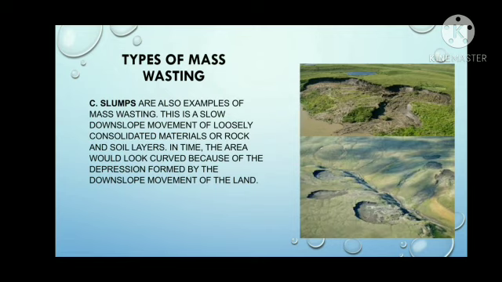In addition, a slump is a form of mass wasting that occurs when a coherent mass of loosely consolidated material or a rock layer moves a short distance downslope. Is a slump fast or slow? They can cover sections of highway with debris.